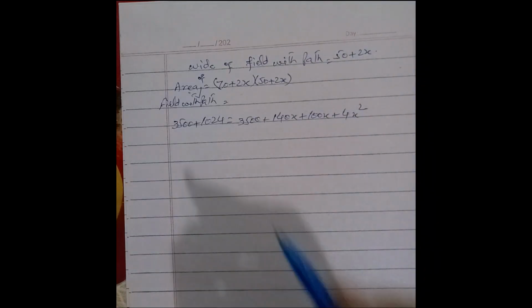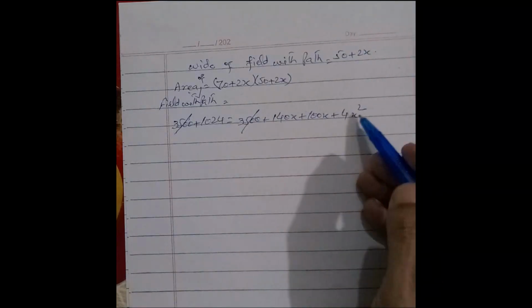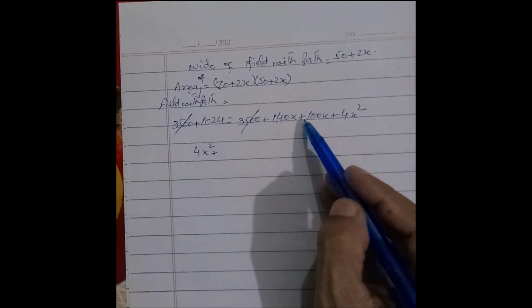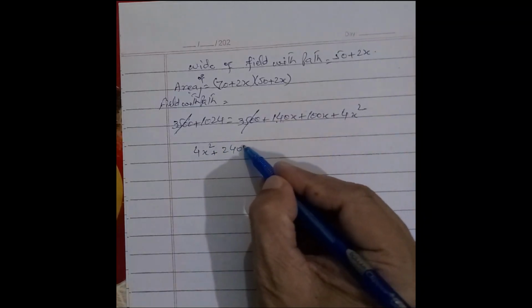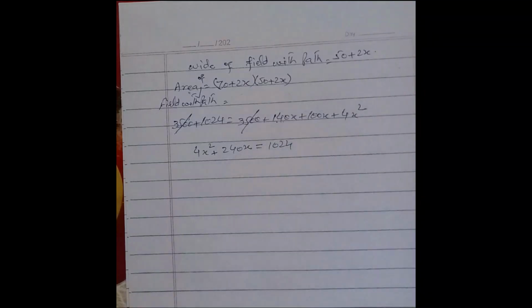Now we solve it. This 3500 cancels the other 3500 and we have 4x square plus 140x plus 100x. We get 240x is equal to 1024.